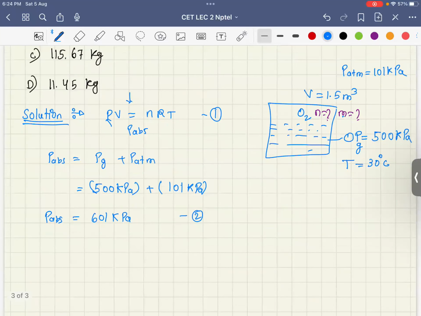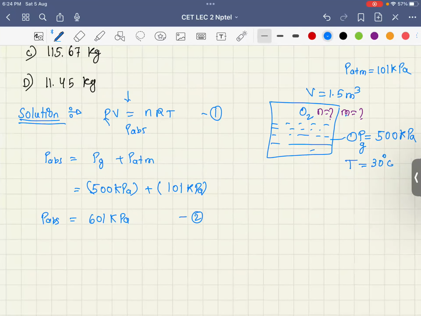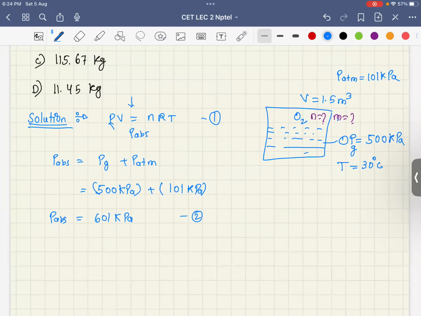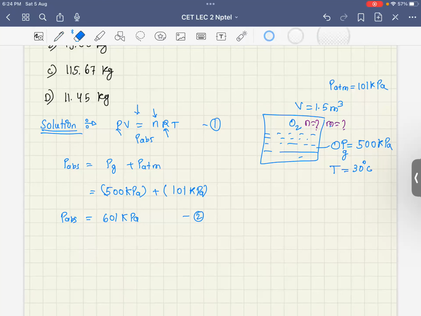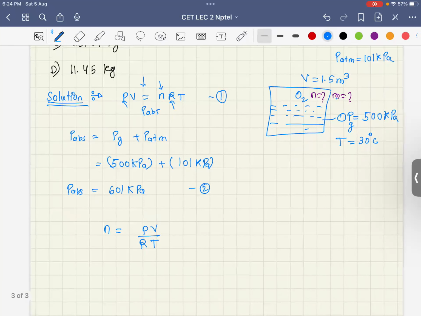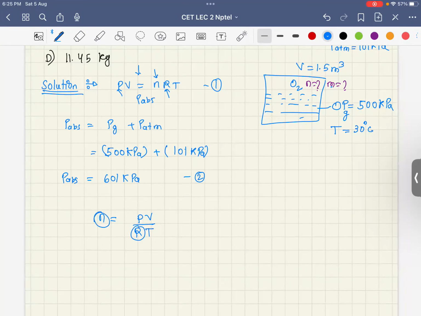So we put in the values. When we use the appropriate value of R, we can convert from number of moles to mass, right? So let us first write this down. n is nothing but PV by RT. Depending on the value of R, we get either n or m.